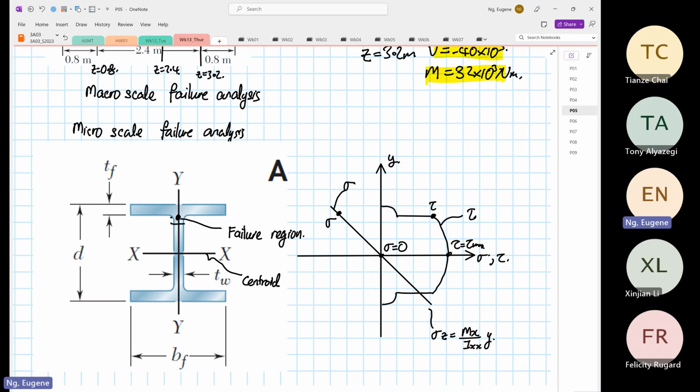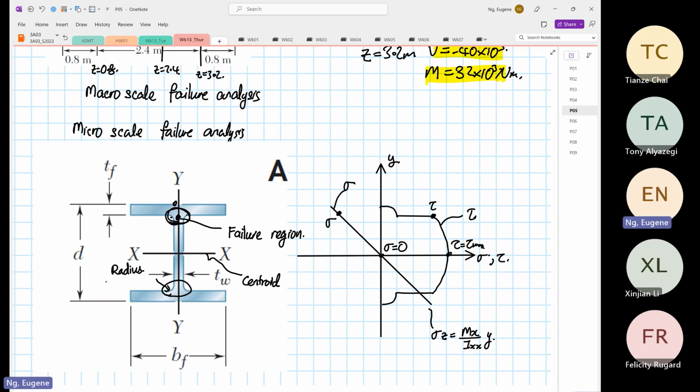So this region we're going to pick. And we cannot pick at the surface because shear stress is equal to 0. So we pick at the failure region where you have a combination of normal stress and shear stress.